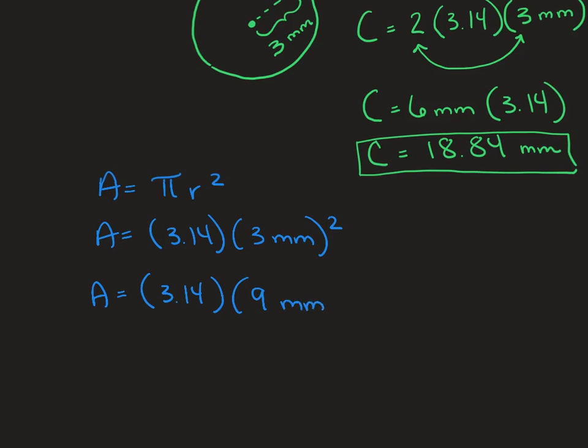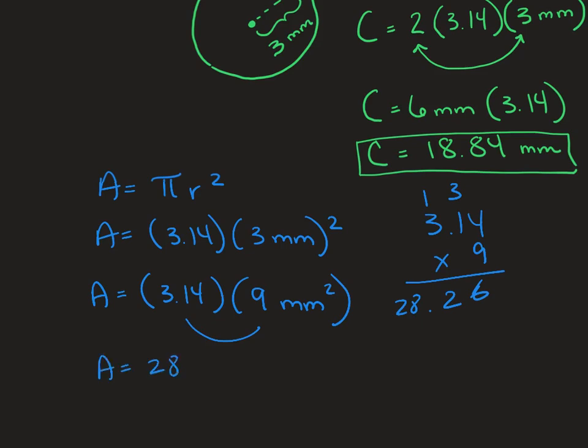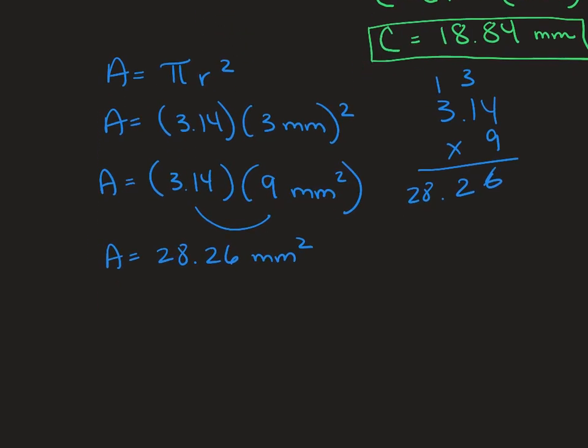Millimeters times millimeters is millimeters squared. We're going to multiply these together. Okay, so I got 28.26 square millimeters, or millimeters to the second power, however you want to say it is fine.